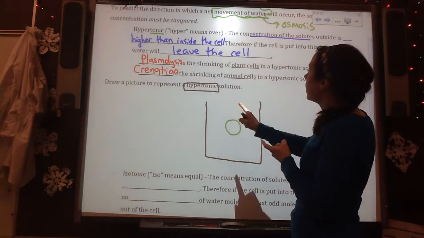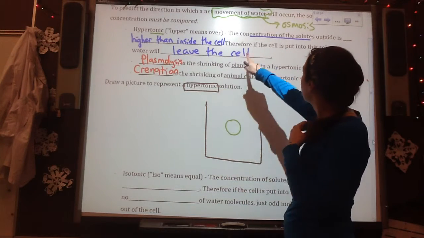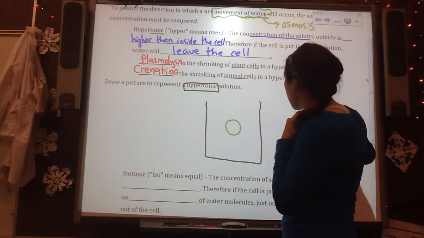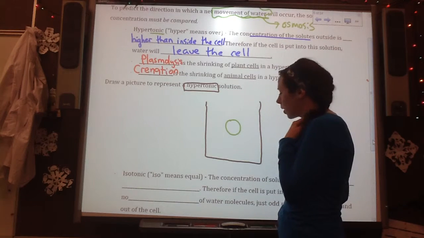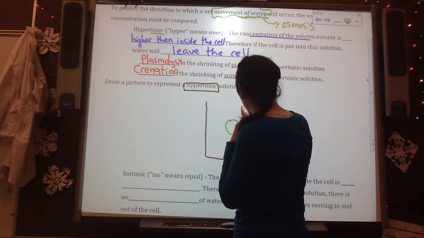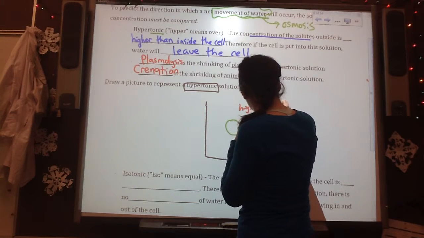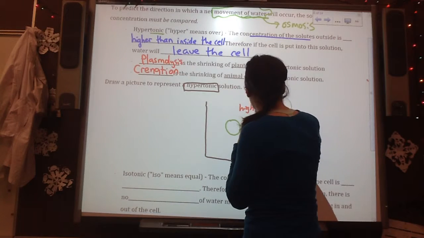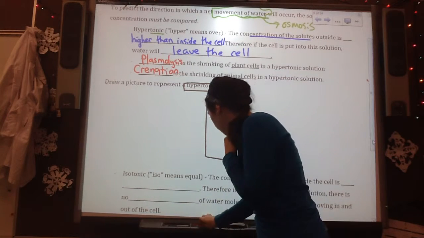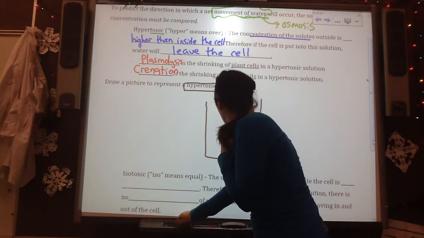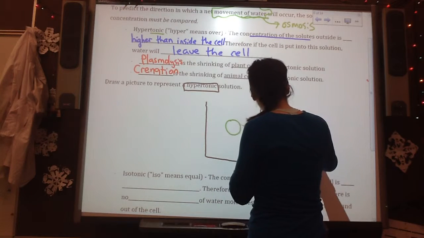So we're told in a hypertonic solution, the concentration of solutes outside is higher than inside. So what I do is I write high solute in my beaker, or let's put an arrow to our beaker.